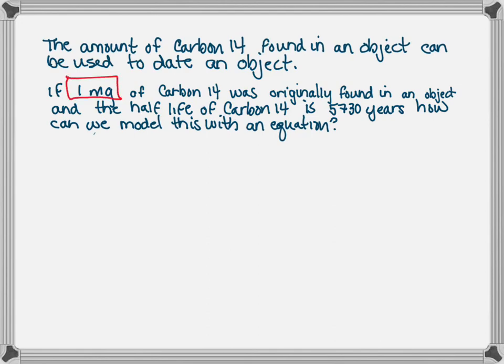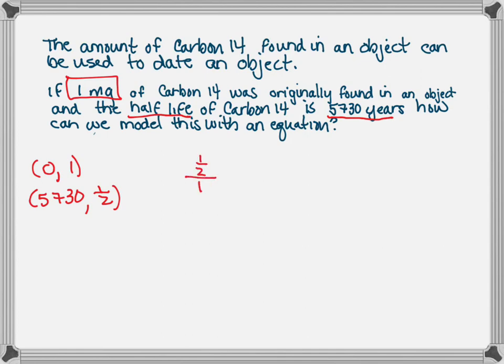Okay, so our starting value is 1 milligram. So at time 0, we have 1 milligram. And after 5,730 years, we have half that amount. So we have the point 5,730, 1 half.